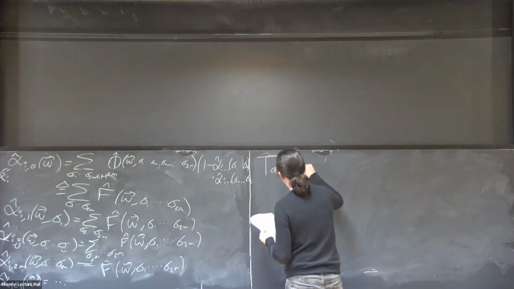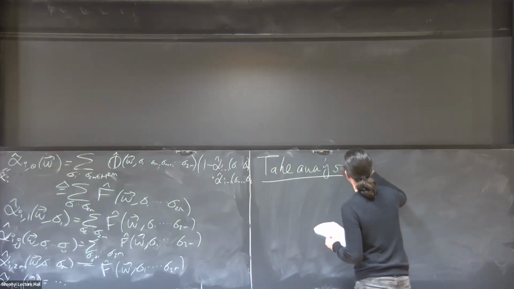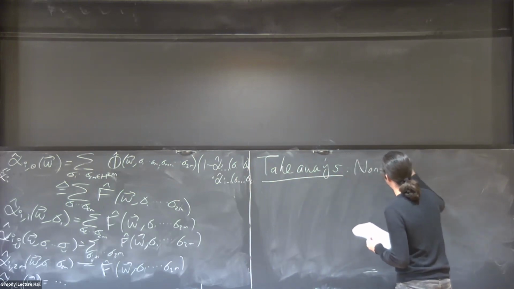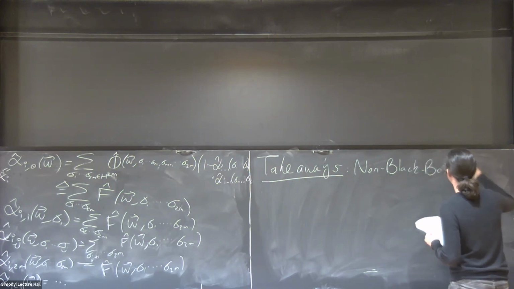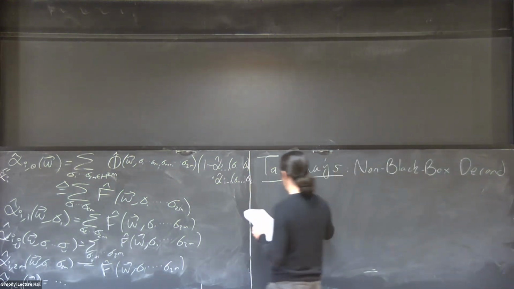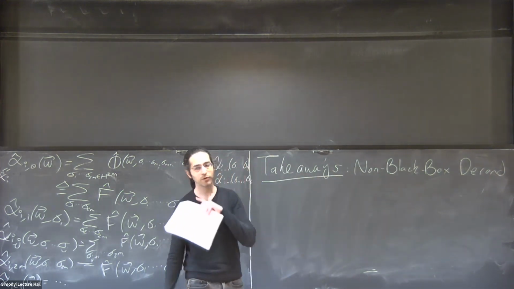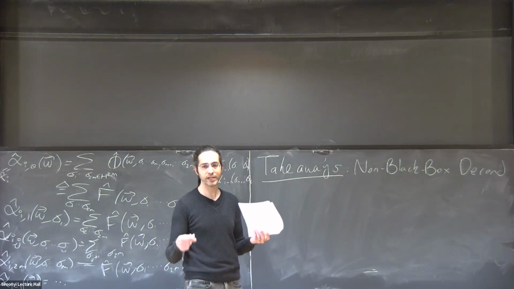Just some takeaways. This is a new area of black-box derandomization. It follows up on attempts that have been around for at least two decades, just that now we're able to materialize them in better ways using new tools.